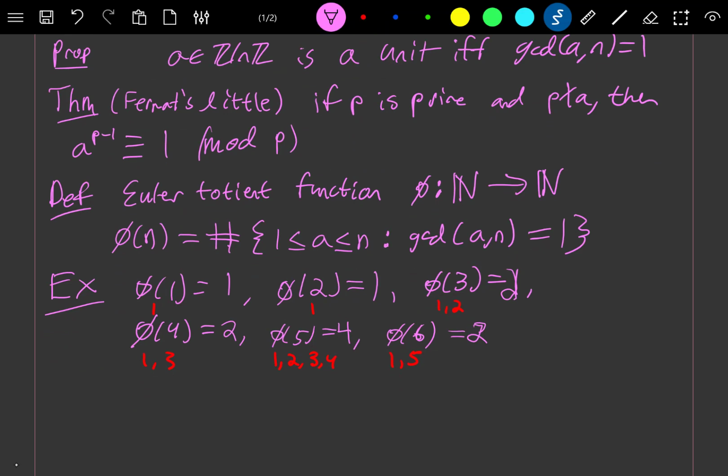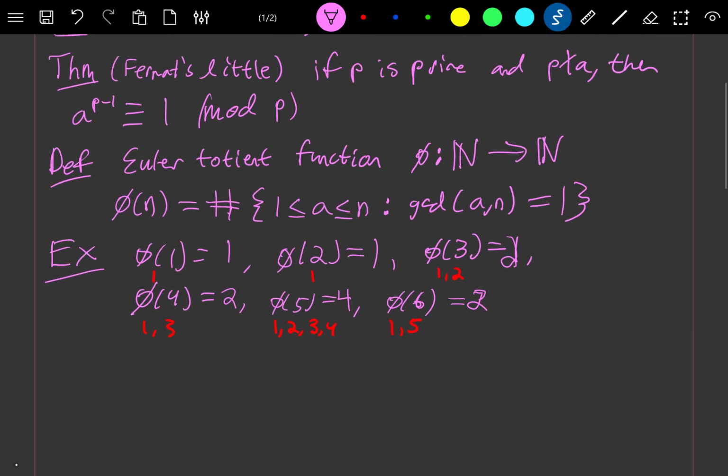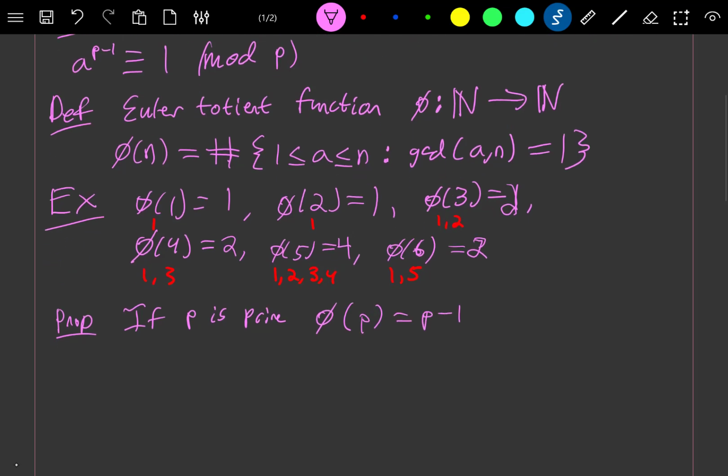And from this you might pick out some patterns, and probably the easiest pattern to pick out is if P is prime, the Euler phi function of P is P minus 1. How can we prove this?